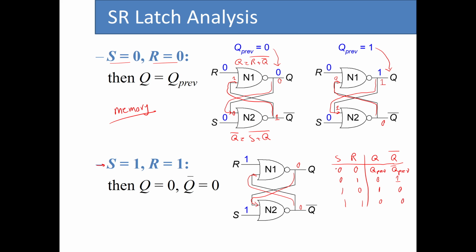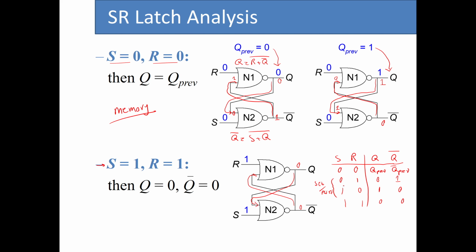So as you can see, we have the capability to set and reset the SR-Latch. So that is equivalent to being able to store a bit of information in this latch. So if you want to store a value of 1, you just put S to be 1, R to be 0.